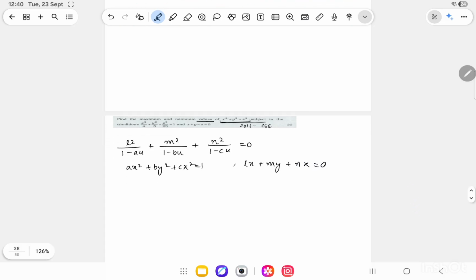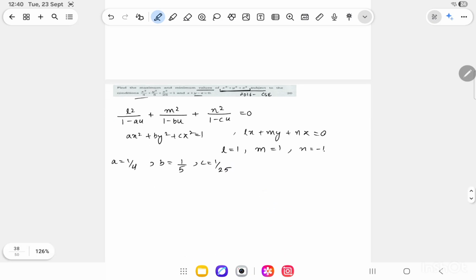Now if I compare these with the two given conditions, I'll get l as 1, m as 1, n as minus 1, and a will be 1 by 4, b will be 1 by 5 and c will be 1 by 25.